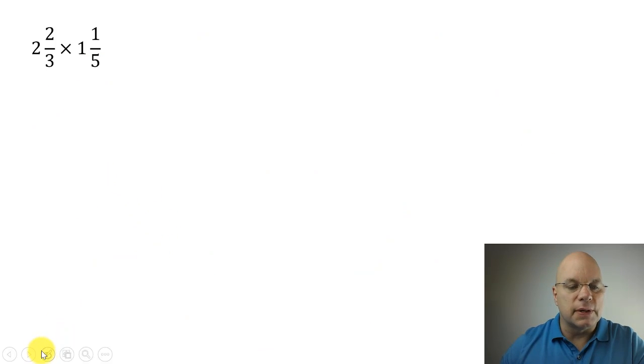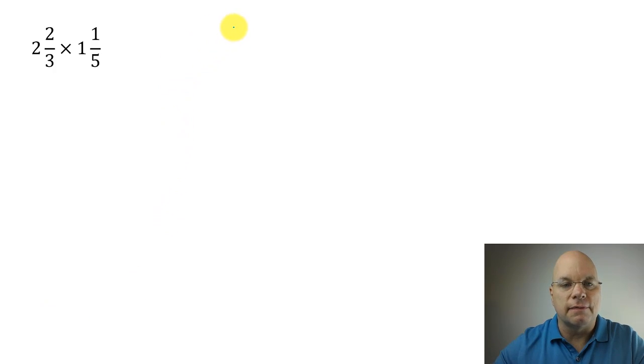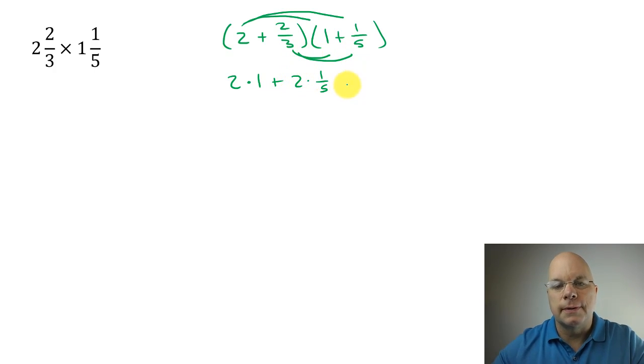In this problem we have 2 mixed numbers. I can't think of an instance where you would want to distribute here, and I'll show you why. 2 and 2/3 multiplied by 1 and 1/5. In order to properly distribute, we do 2 multiplied by 1 plus 2 multiplied by 1/5, and then we need to distribute this term to both of these terms, plus 2/3 multiplied by 1 plus 2/3 multiplied by 1/5.